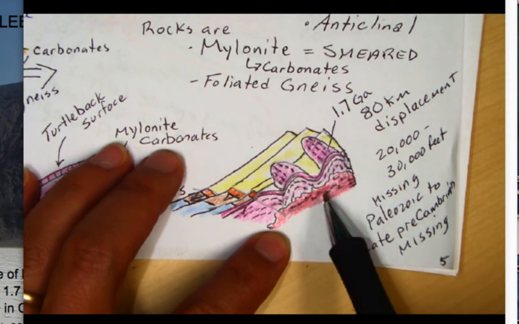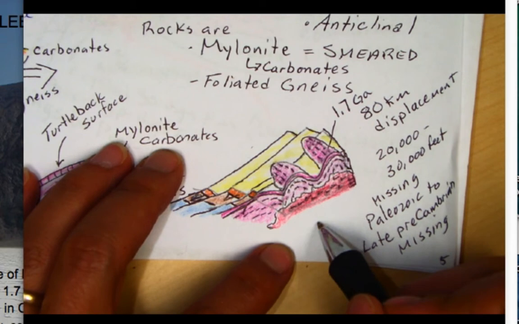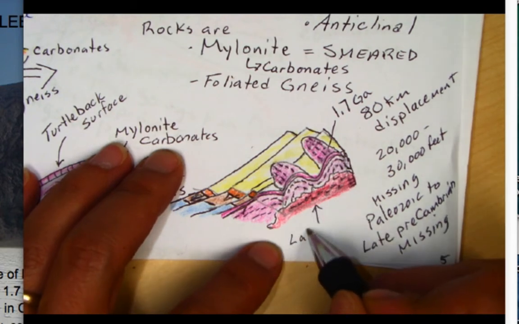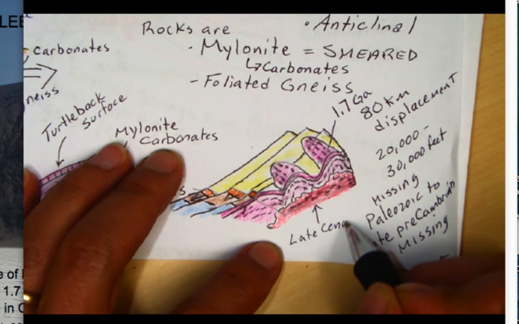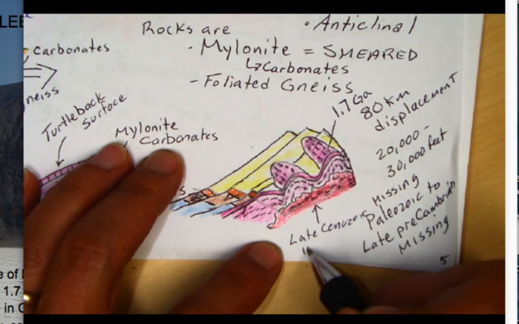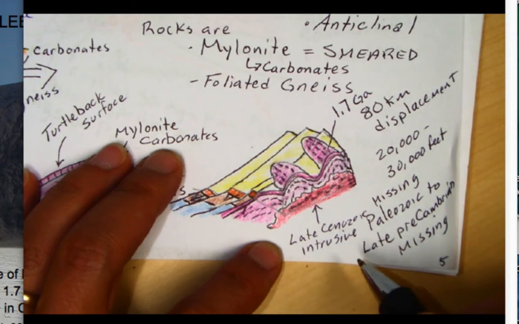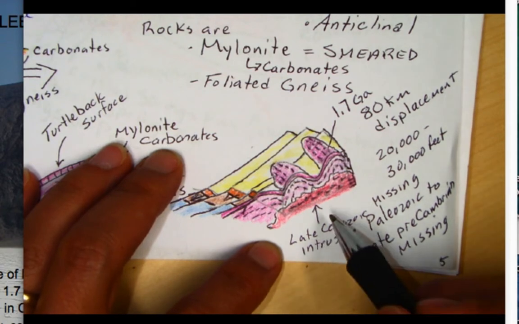And part of the evidence is that there is an intrusive here. In fact, this is a late Cenozoic intrusive. I think they're primarily diorites. So it's a plutonic rock. They're young, anywhere from 14 to about 6 million years old.